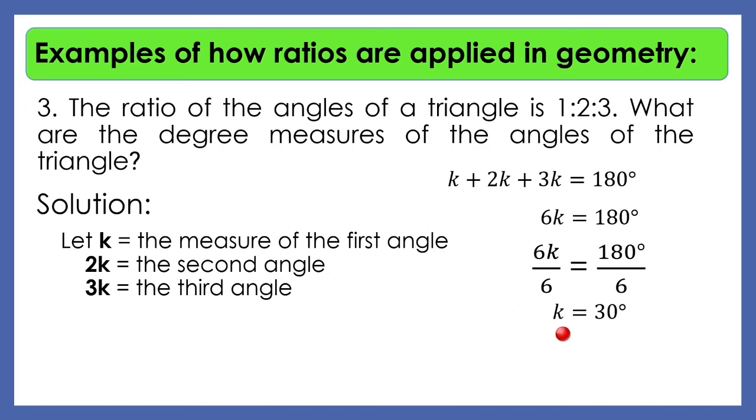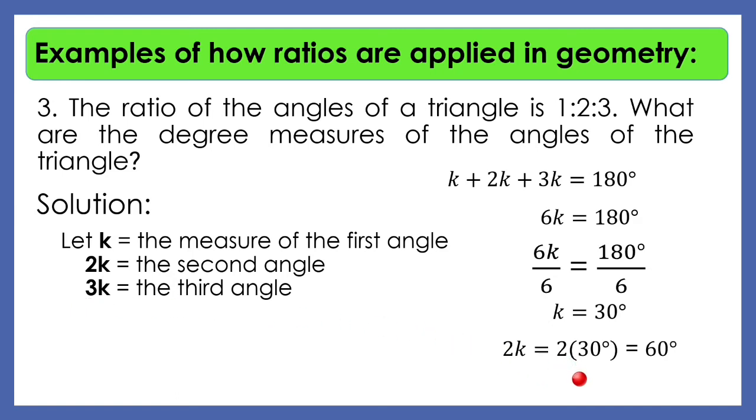Para makuha yung second angle, gagamitin natin yung 2K. Substitute natin yung K ng 30 degrees. We have 2K equals 2 times 30 degrees. 2 times 30 is equal to 60 degrees. This is the second angle. For the third angle, we will use 3K.